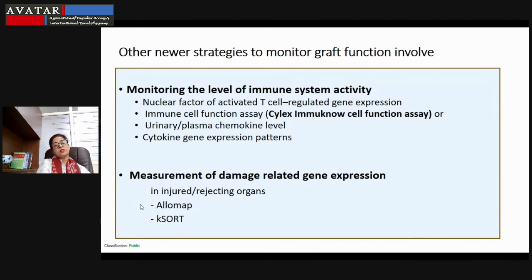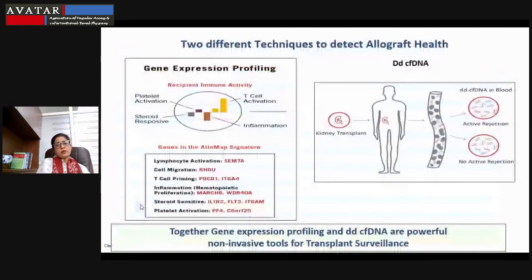Another approach would be to measure the damage-related gene expression in the injured or rejecting organ, and that would be AlloMap, which looks at the immune markers during rejection, and the KSORT. When you combine two techniques to look at allograft health, this shows the significance of gene expression profiling along with donor-derived cell-free DNA.